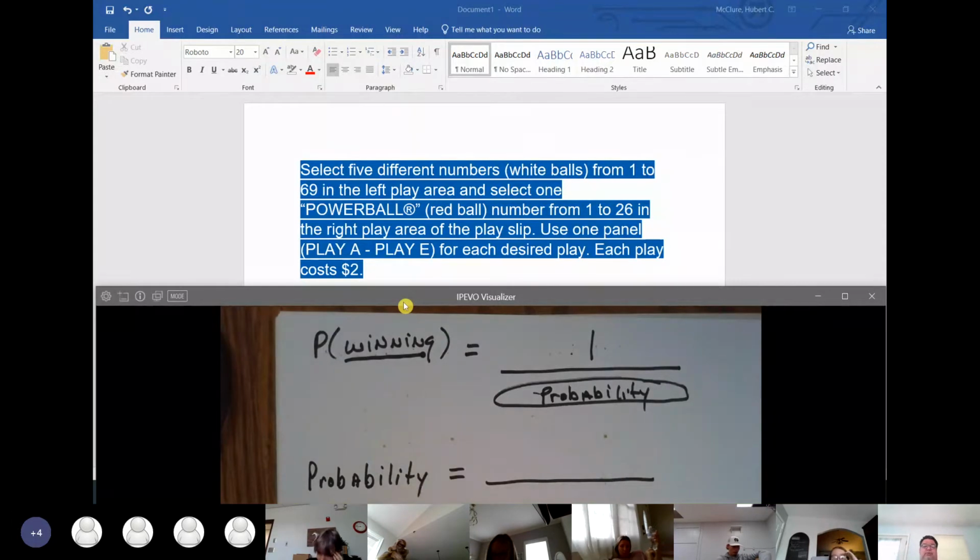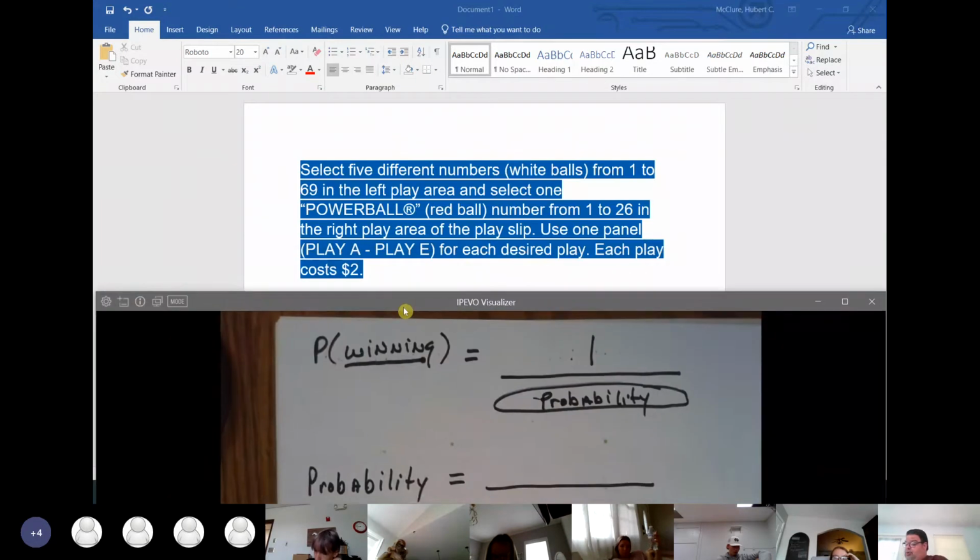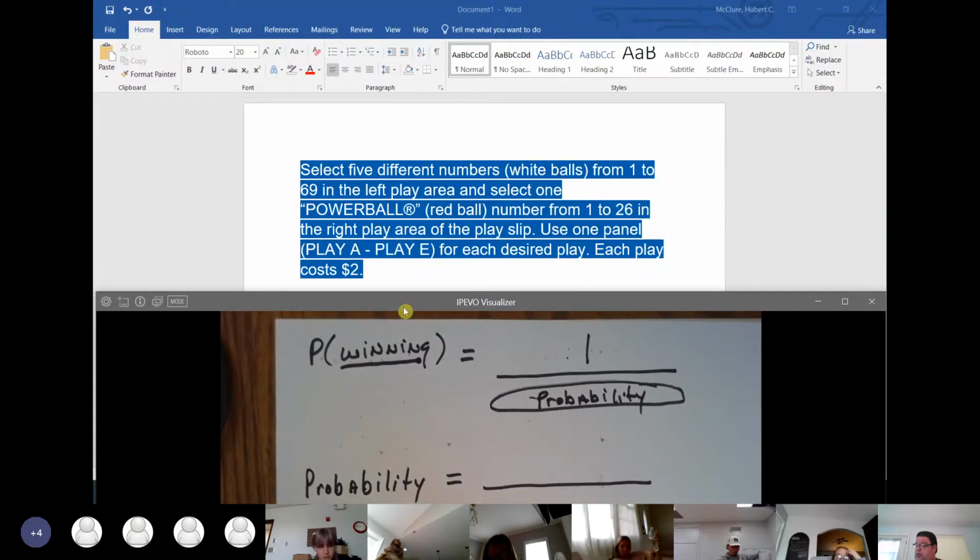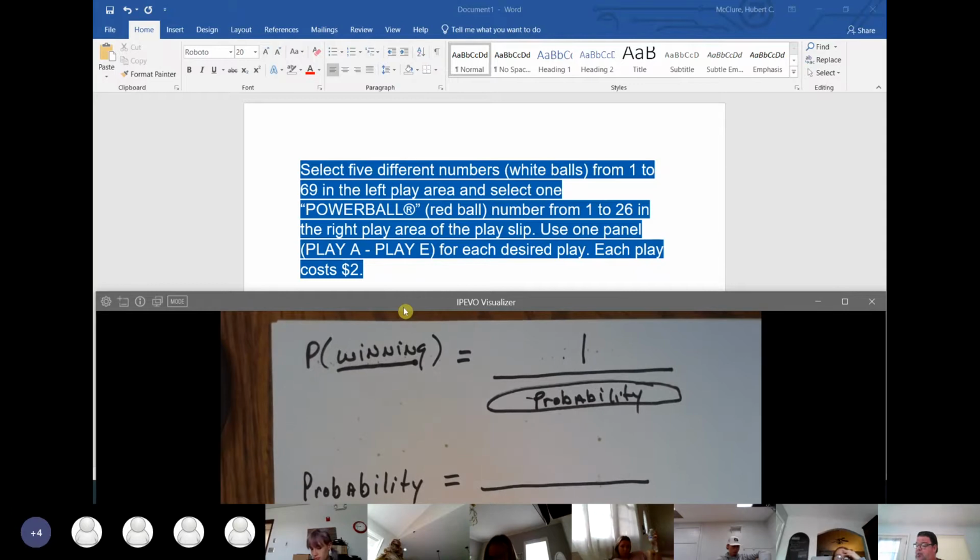So in this case, I'm going to do this question right here. We've got 69, so we're assuming what is the probability of winning? 69 combination 5 times 26 combination 1.